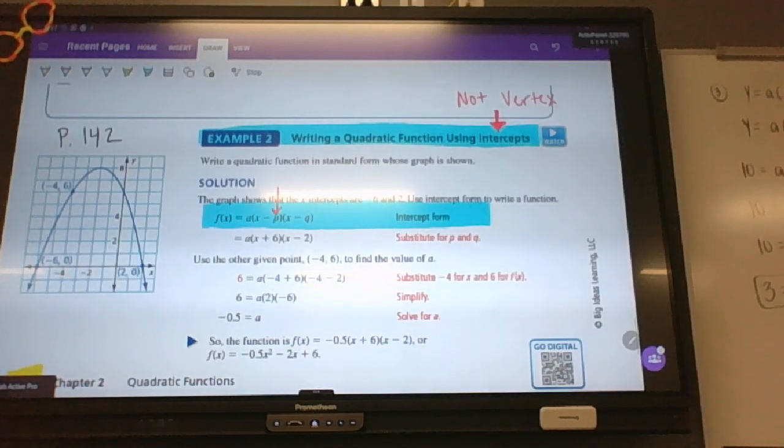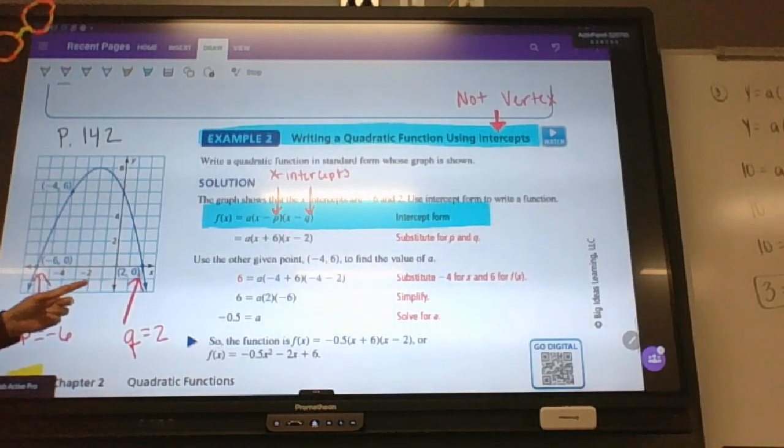This p-value and this q-value are x-intercepts. This is why I had you focusing on x-intercepts, so you were ready for this. When we look at our graph here, you can see the x-intercepts. I would call p -6 and I would call q 2.